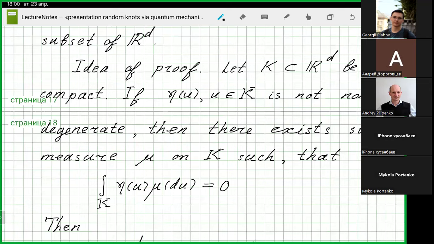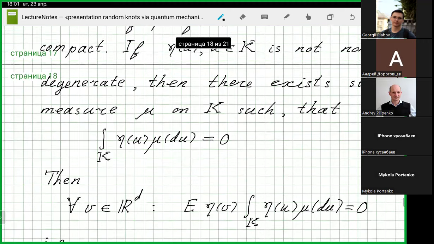If it does not coincide with all of C_K, then we must have a continuous functional on C_K which vanishes on the support and on the other side is non-trivial.